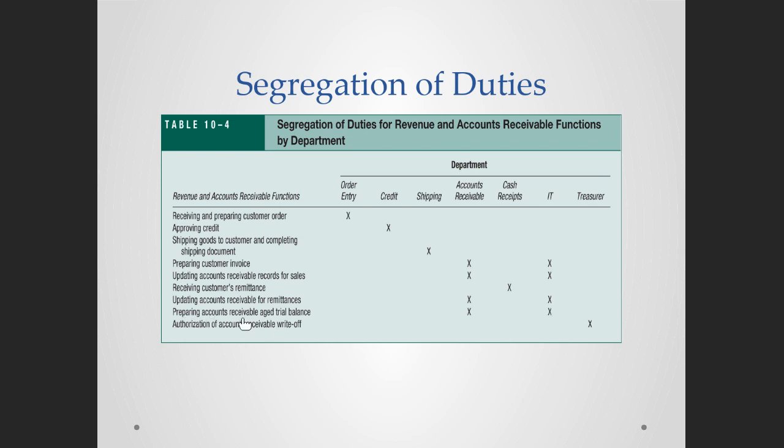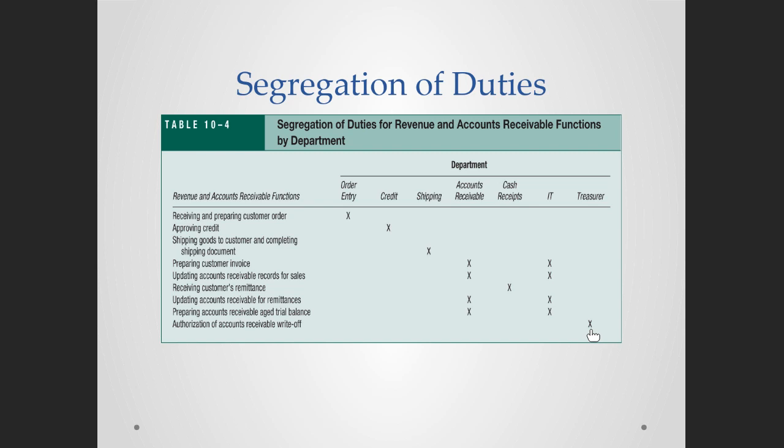Then we have preparing the accounts receivable aged trial balance. Again, this is done by the accounts receivable department, and IT is involved. And then we have the authorization of accounts receivable write-off, which is done by the treasurer. The treasurer is the head of anything that deals with money, the head money executive.